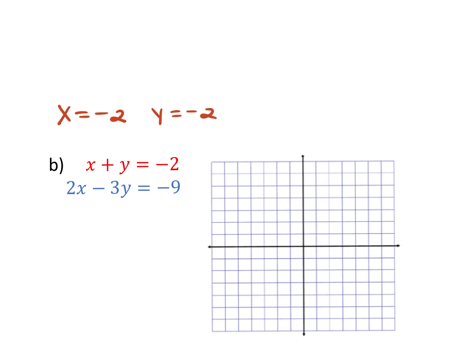The reason cover up is beautiful on this one is there's nothing to solve. It's done for you, right? So if these are intercepts, on the x-axis, we're going to go -2. On the y-axis, we're going to go -2. That's your line when you draw them in, okay?